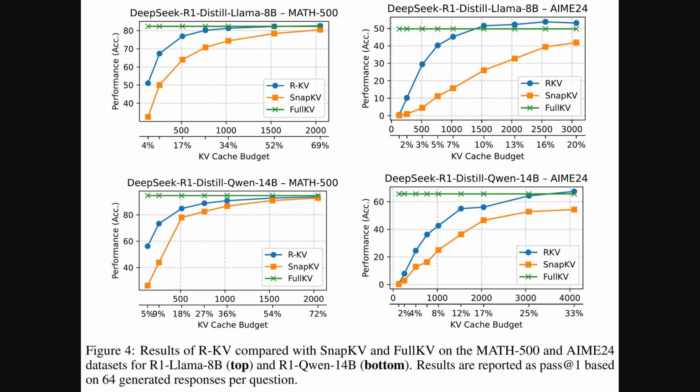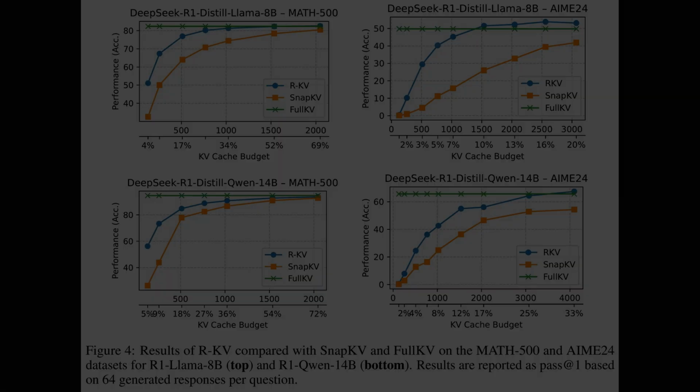The green line at the top, full KV, is our baseline. No compression, full accuracy. Now, look at RKV in blue. It consistently gets much higher accuracy than SnapKV in orange for the same memory budget, and it nearly matches the top performance of the full model while using only about 10 to 20% of that memory. This is a massive efficiency gain.